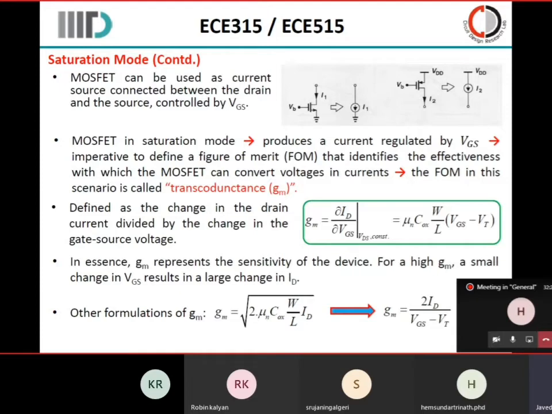Can somebody do a quick math and tell me? Gm equivalent of a 50 ohm. 0.02, sir. 0.02. So that is called 20 millisiemens. Yes. So 20 millisiemens is the value that you have to keep.